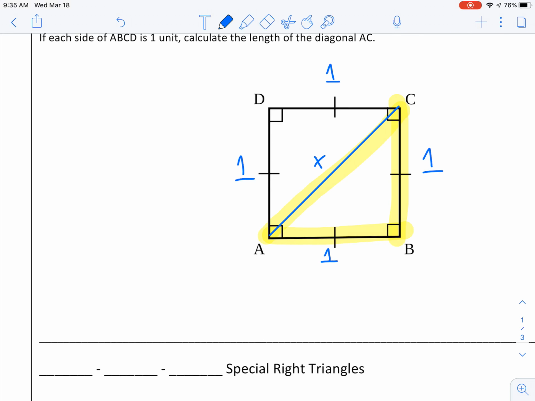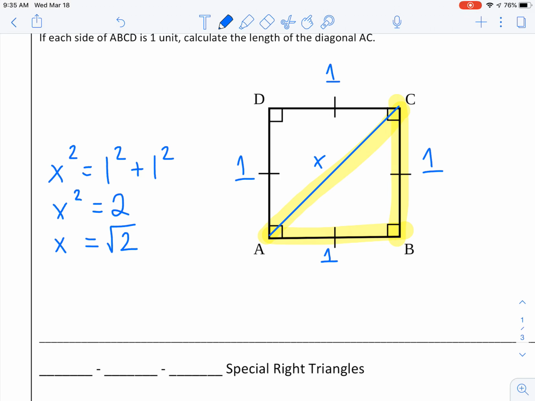So, Pythagorean theorem to the rescue. I end up with x squared equals 1 squared plus 1 squared. So I solve x squared equals 2. And then to get x, I take the square root of both sides, and I get that x is equal to the square root of 2.